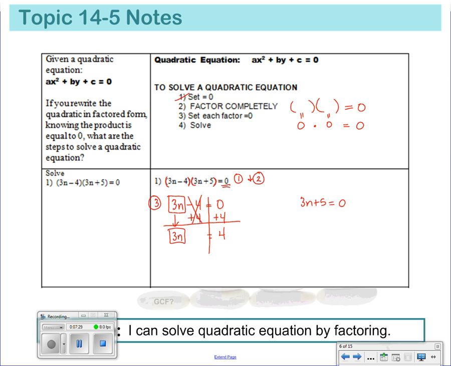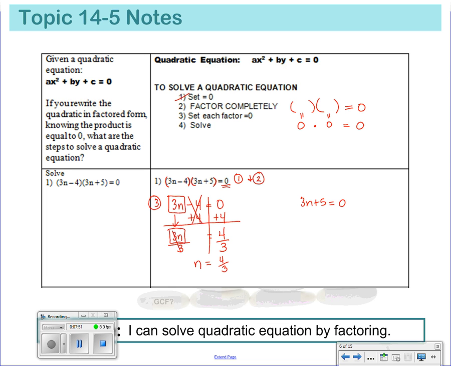To get n by itself, we need to get rid of the number in the box. This is 3 times n, so the opposite of multiplication is division. We divide by 3 on both sides. The 3's cancel each other out, and we're left with n equals 4/3, which we keep as 4/3 because I cannot simplify that fraction any further.